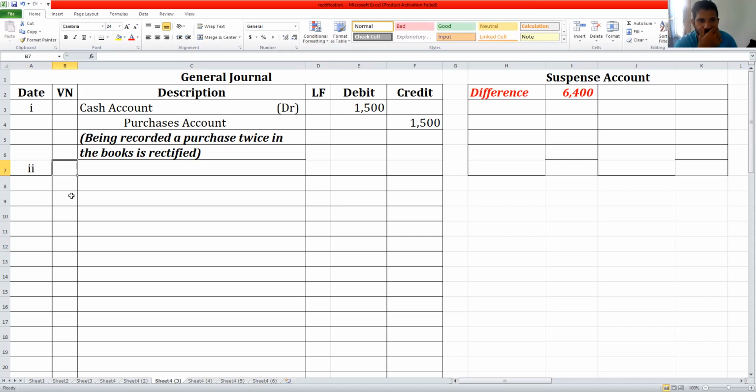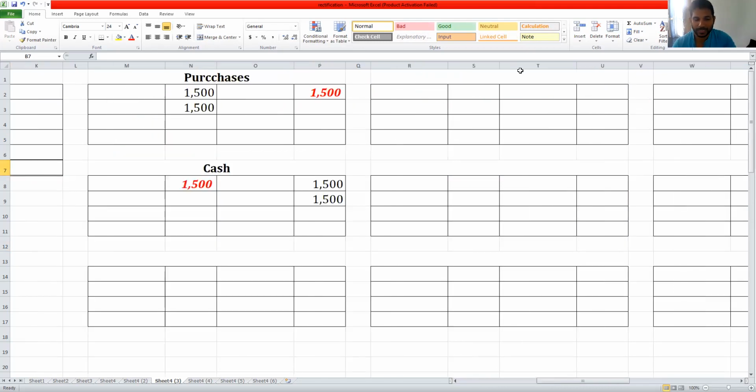Error number 2. A payment made to Amila valued 1,000 has been recorded as 100 in his personal account. Okay, now, it's a payment made to Amila. We need creditors account. Creditor can be Amila. And also we need the cash.